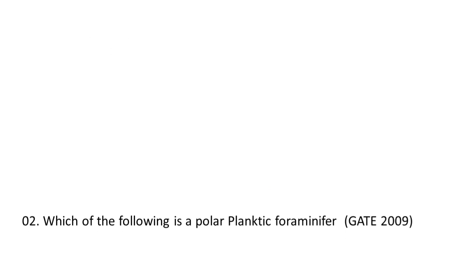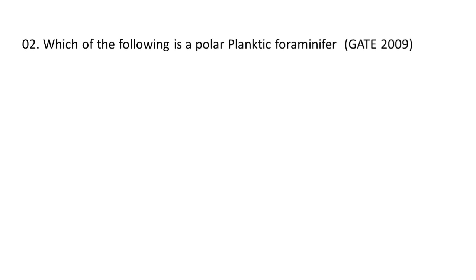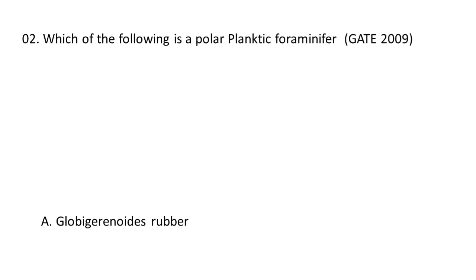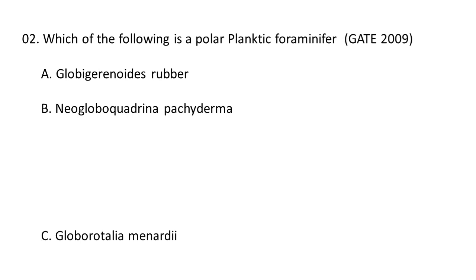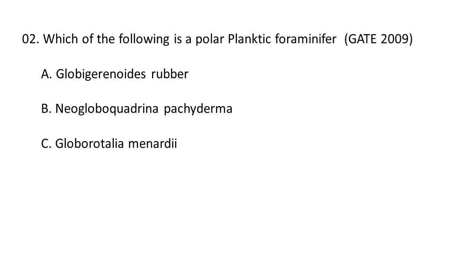Next question. Which of the following is a polar planktonic foraminifer? The choices are A. Globigerinoides ruber, B. Neogloboquadrina pachyderma, C. Globorotalia menardii and D. Orbulina universa.